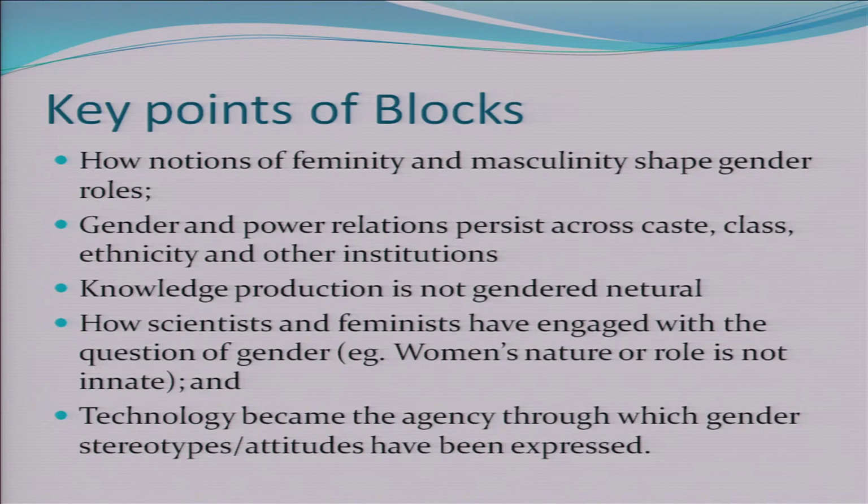That is why we speak about women in science or gender in science, because the data, which was very low in terms of women's access to science, is now increasing over a period of time. So neither women's nature nor role is innate or fixed; it is changing in relation to societal change.